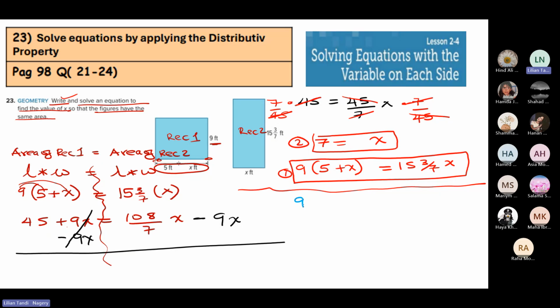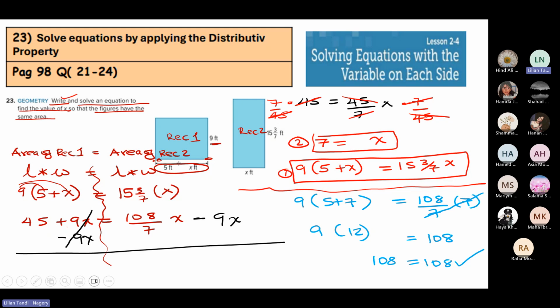I have 9 times 5 plus 7 equals, this becomes 108 over 7. 108 over 7 multiplied by 7. This 7 and this 7 go away. You will get 108. This is 9 times 12, and that should give you 108 equals 108. And you check. So you know these two answers are correct.